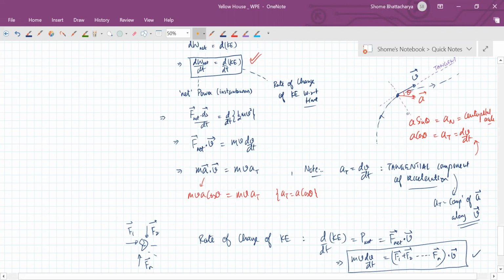So the component of acceleration which is along the tangent, so this is the tangent at that point P. This is the normal. So the component of acceleration along the tangent, that is called the tangential acceleration. And that is equal to rate of change of speed, as you know in kinematics. In circular motion also you studied this, no?